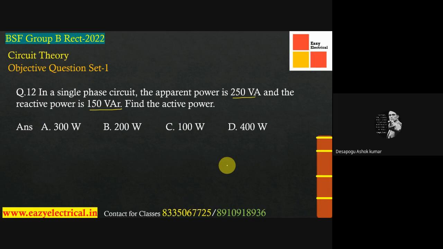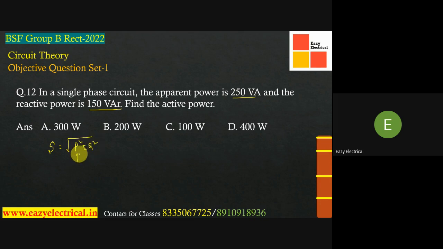So what will be the value of active power? Apparent power by reactive power. Okay. Yes, tell me, Ashok. Reactive power equal to apparent power by. No. You know that apparent power, if it is written as S, is equal to root over of P square plus Q square, right?